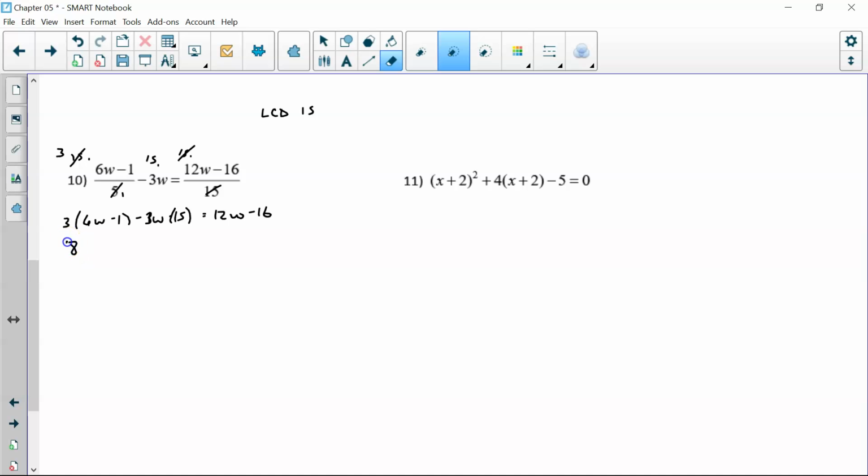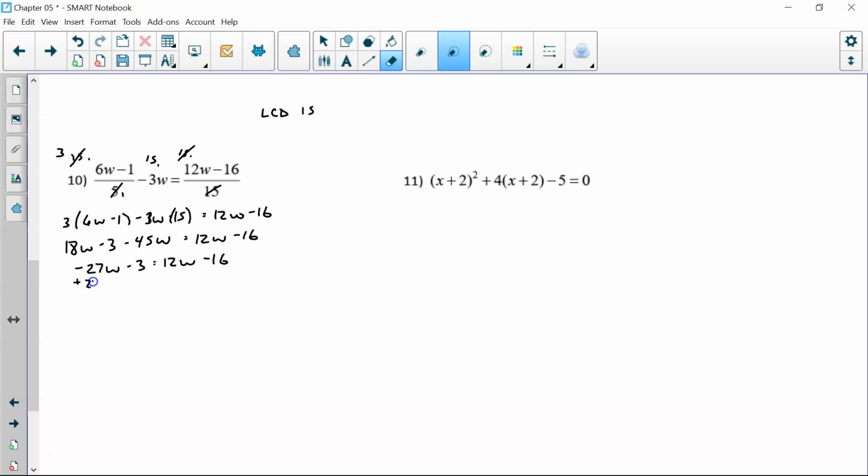Distribute the 3, 18w minus 3 minus 45w equals 12w minus 16. Combine on the left-hand side, negative 27w minus 3 equals 12w minus 16.